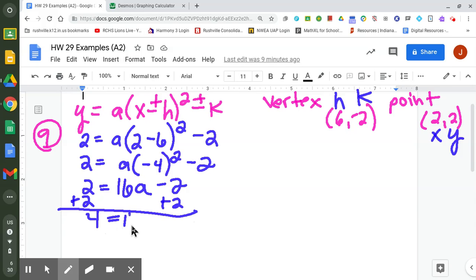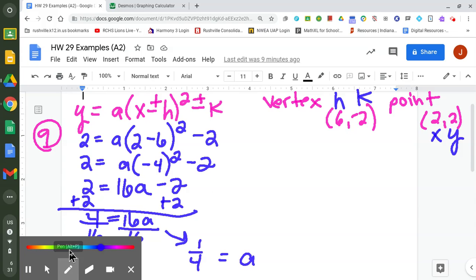4 equals 16a. And make sure you write all this down because the answer is not 4. The answer actually ends up being a equals 1/4. And remember, that's okay because the 1/4 makes the graph wide.